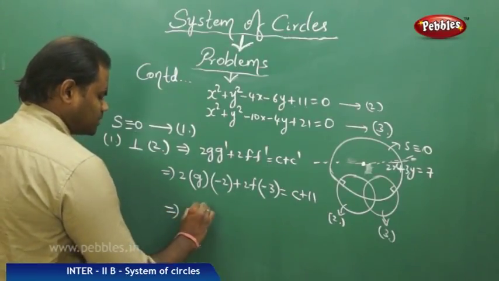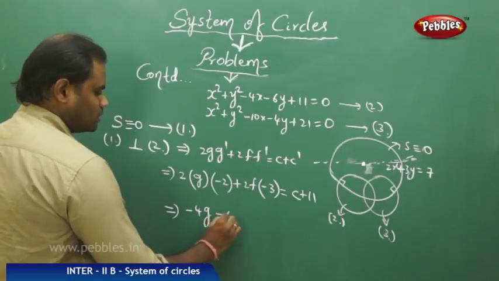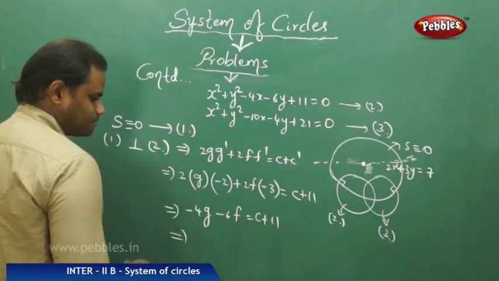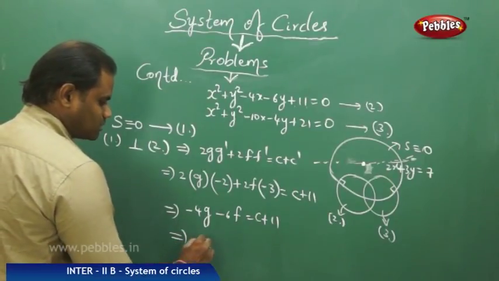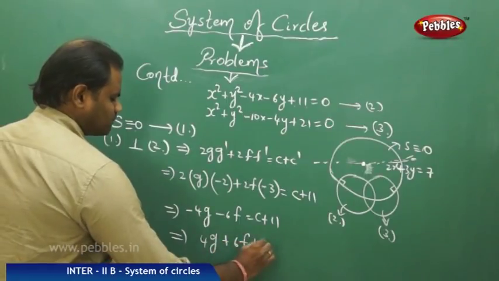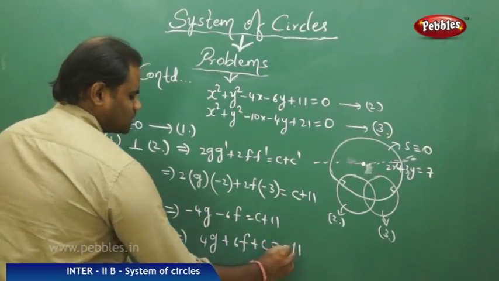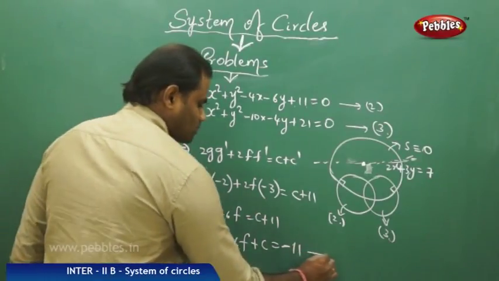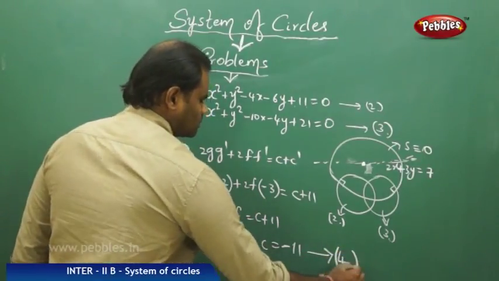This on simplification gives minus 4g minus 6f is c plus 11. This on simplification gives me 4g plus 6f plus c is negative 11. So I assume this to be equation 4.